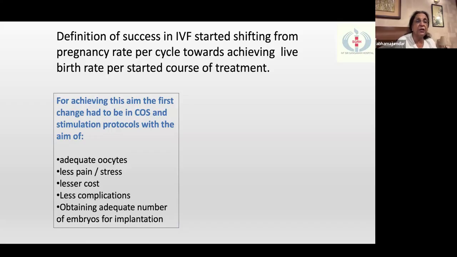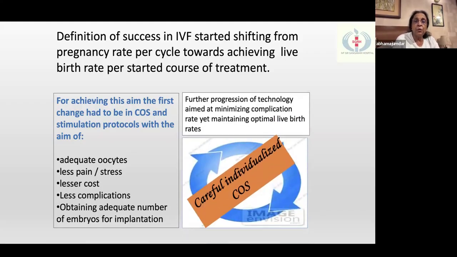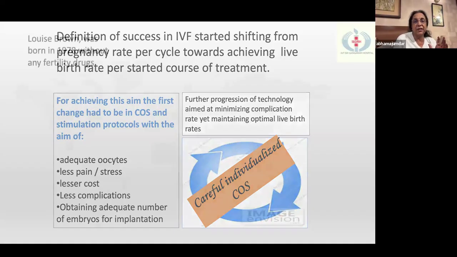Such protocols would lead to adequate eggs, less pain, stress, lesser cost, less complications, and we would have an adequate number of good embryos for implantation leading to live birth. So we had to carefully individualize controlled ovarian stimulation. This was a further progression of technology, aimed at minimizing complication rate, yet maintaining optimal live birth rates.